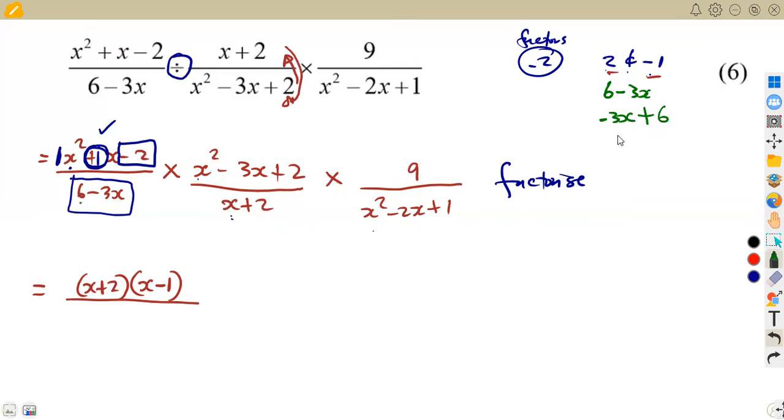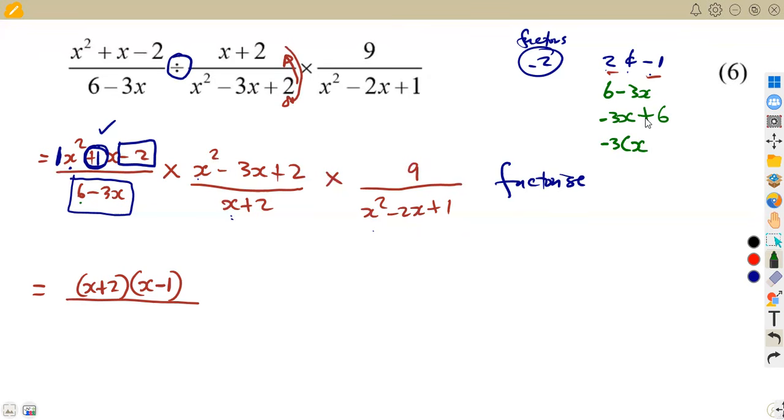But after doing this, we have to factorize. And by factorizing, we must make sure that x remains positive. So what are we supposed to factor out so that x becomes positive here? We must factor out negative 3. So if we divide negative 3x by negative 3, the negative cancels, it will be a positive.